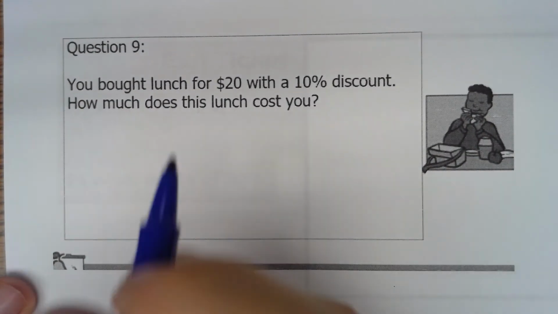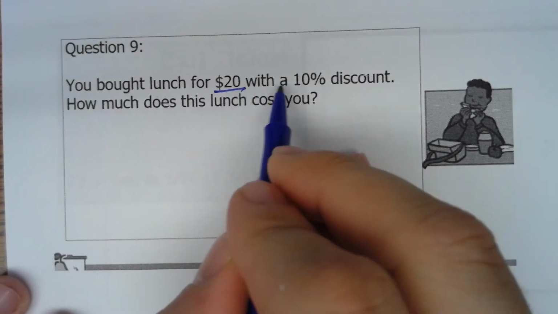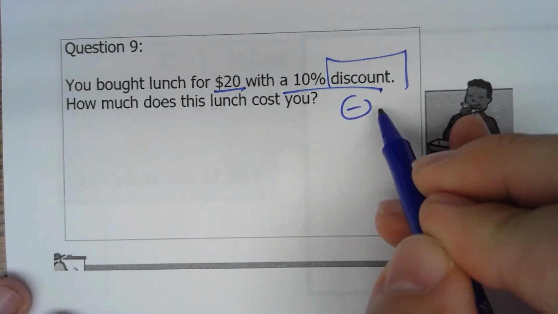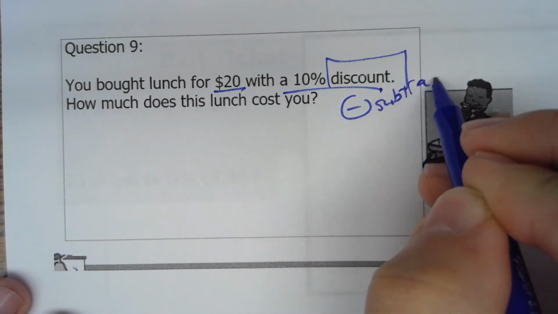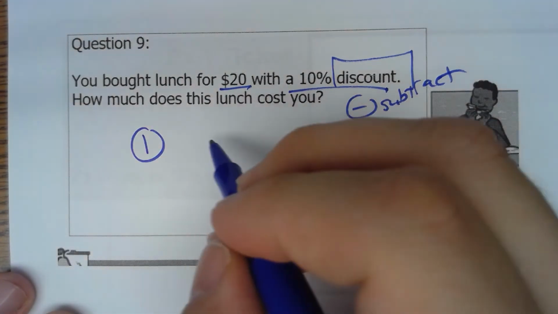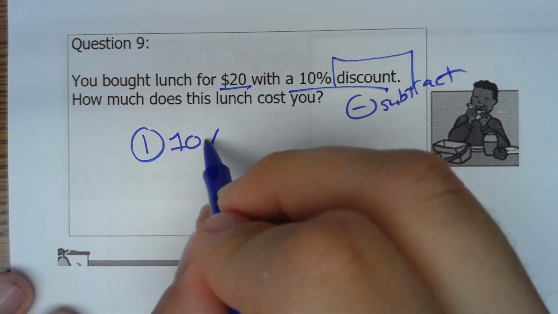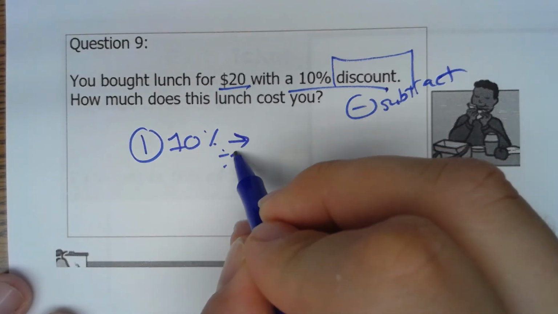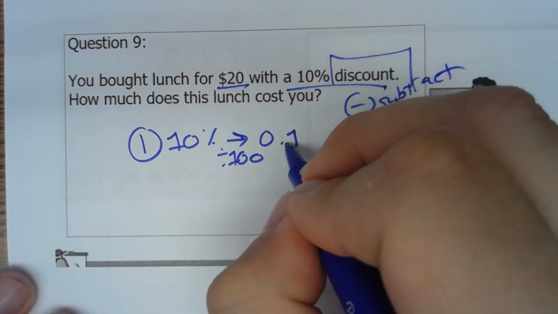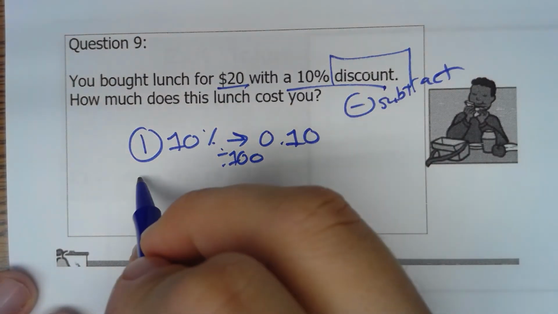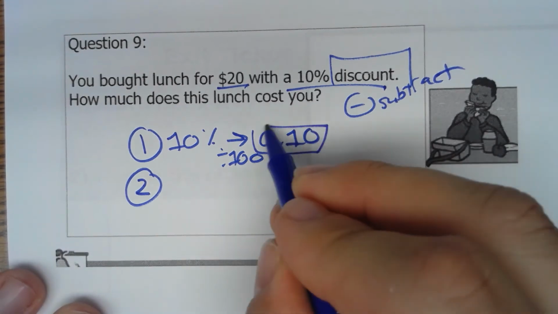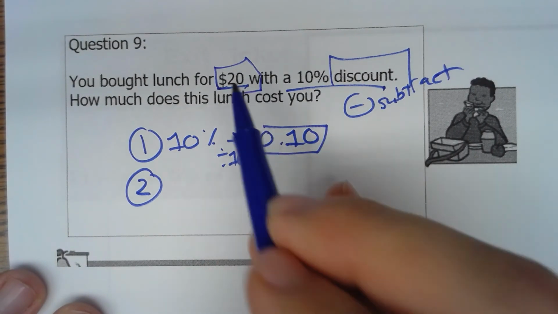You bought lunch for $20 with a 10% discount. Discount, I need to subtract. You guys should know this, right? Step 1, change 10% to a decimal by dividing by 100, and then you're going to get 0.10. Step 2, multiply this decimal by the original price.